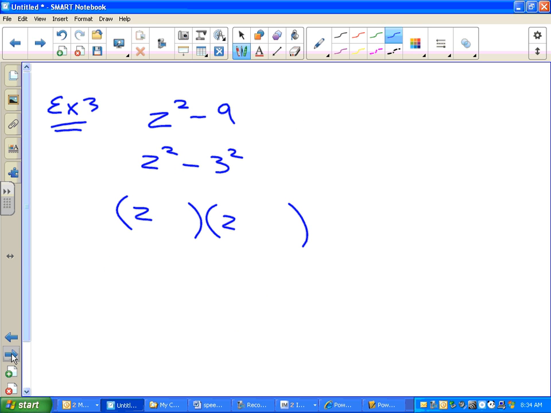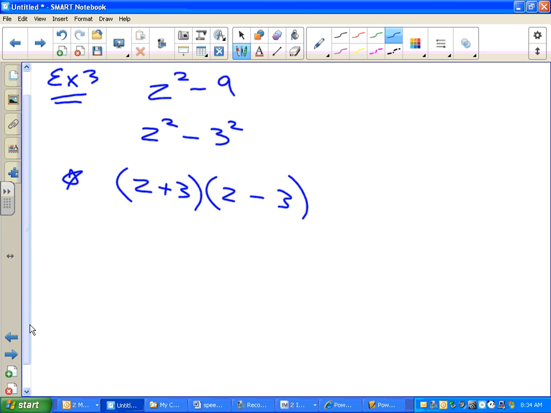So I'm going to put the z's in their spot, and the 3's in their spot. But this is the only little piece you have to remember: when we're factoring differences of two squares, when the middle terms cancel, I've got to have one as a positive 3 and one as a minus 3. Okay, one has to be plus 3, one has to be minus 3, because now I'll get the canceling happening inside. All right, so that's the answer right there.